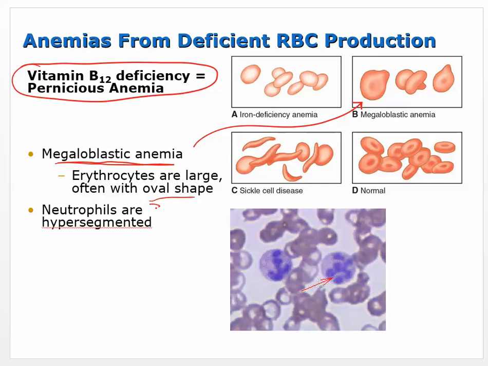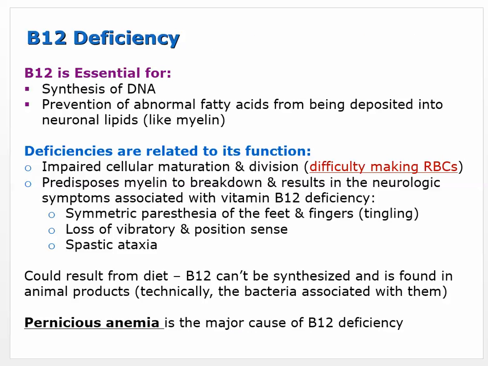And also, we're not too concerned about this, but neutrophils tend to be hypersegmented because B12 is essential for the synthesis of DNA. That's one of the things that it's essential for, synthesis of DNA. It's also involved in fatty acid production, particularly a step of fatty acid production in the formation of myelin.